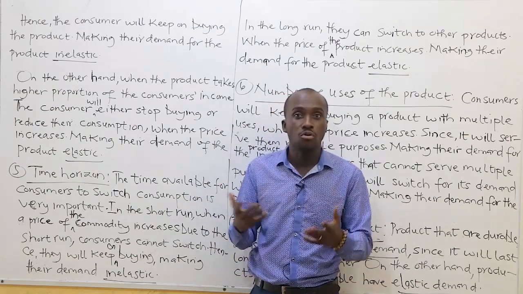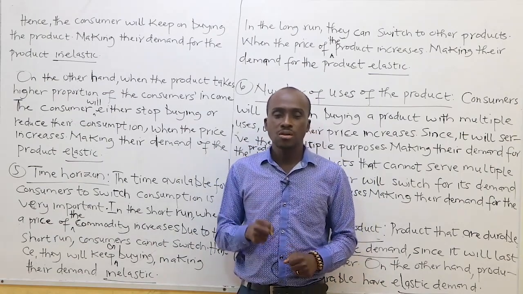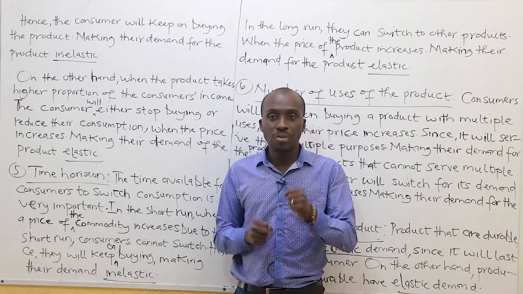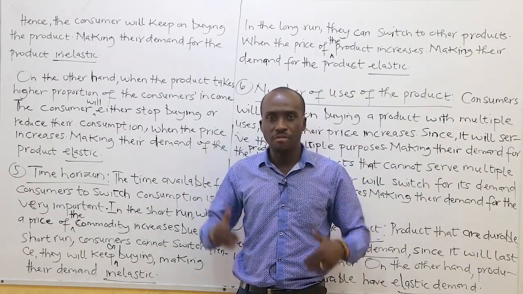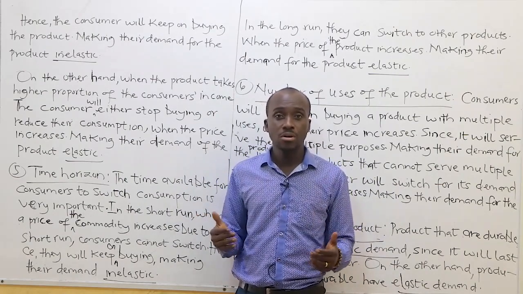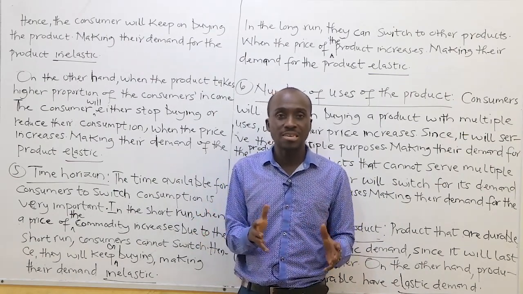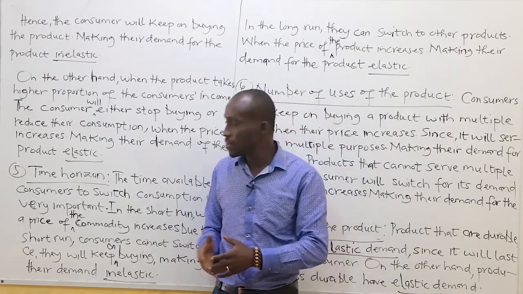You'll be very mindful about the increment. Why? It takes a higher chunk of your income. So when the price goes up, you take into cognizance that it will have a very pernicious, very deleterious effect on your income, and therefore you consider switching, and your demand becomes elastic.